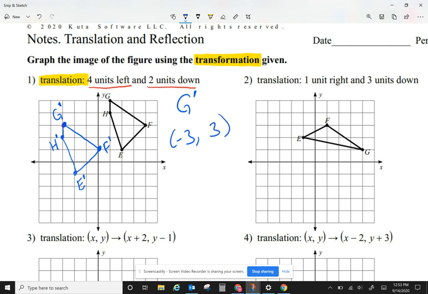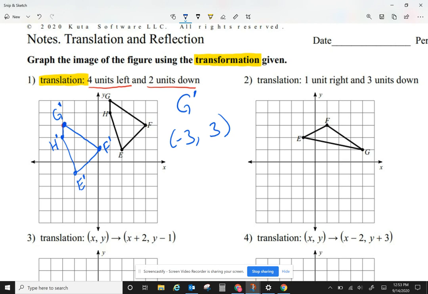Like I said, I will be asking for a specific point for homework. Just give me the coordinates of that point. For online teaching, I will be asking for one specific point as well during the quiz or test. Now, in person, I will be asking for the entire figure.